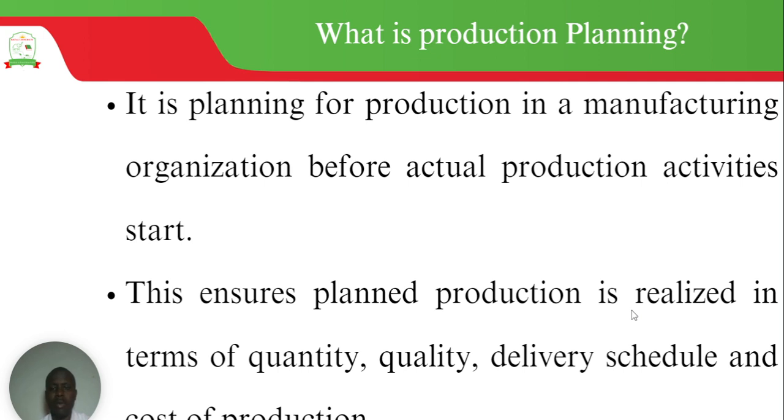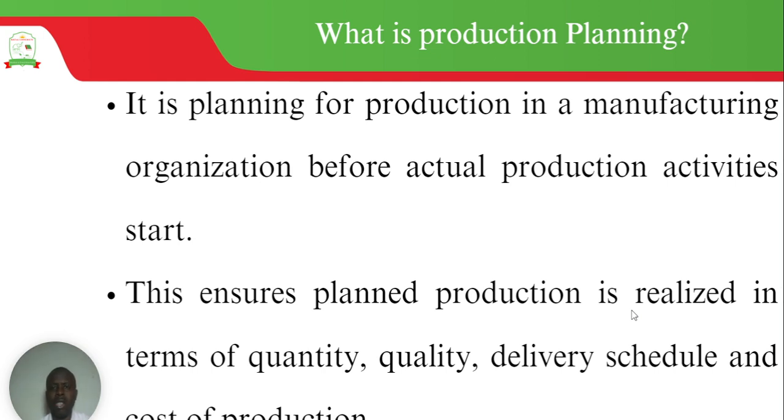So when we plan, then we are able to discuss the aspects of quantity. How much are we going to produce? Quality, what aspects of quality are we going to be taking care of? And then we are able also to decide on the delivery schedules. If we have customer orders that are already in place and awaiting delivery, we are able to plan on how to deliver.